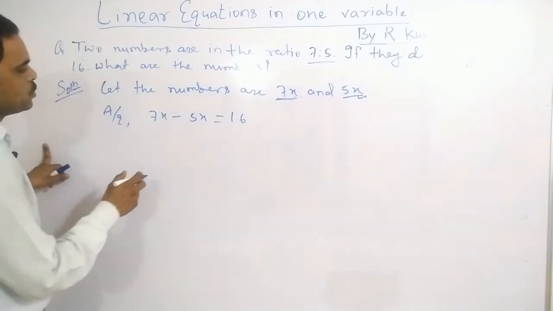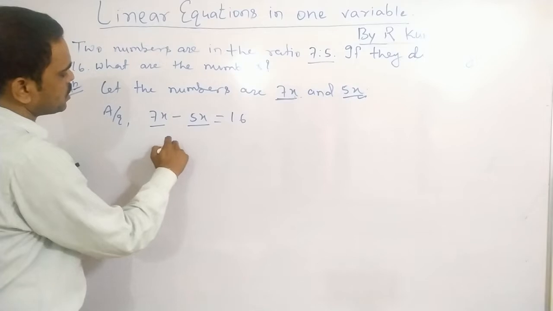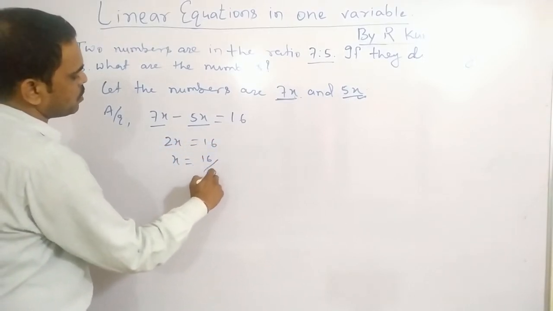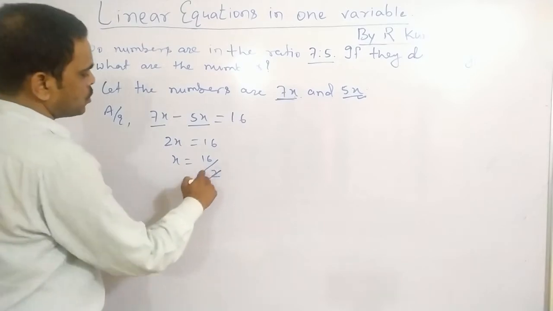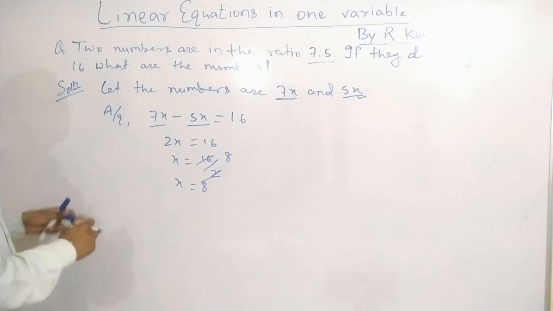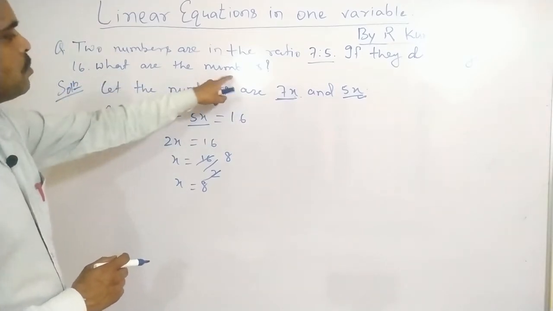Next, we need to solve for x. So 7x minus 5x is 2x equals 16, and x equals 16 by 2. Two eights are 16, so x is 8. But we don't have to find x only, we have to find the numbers.